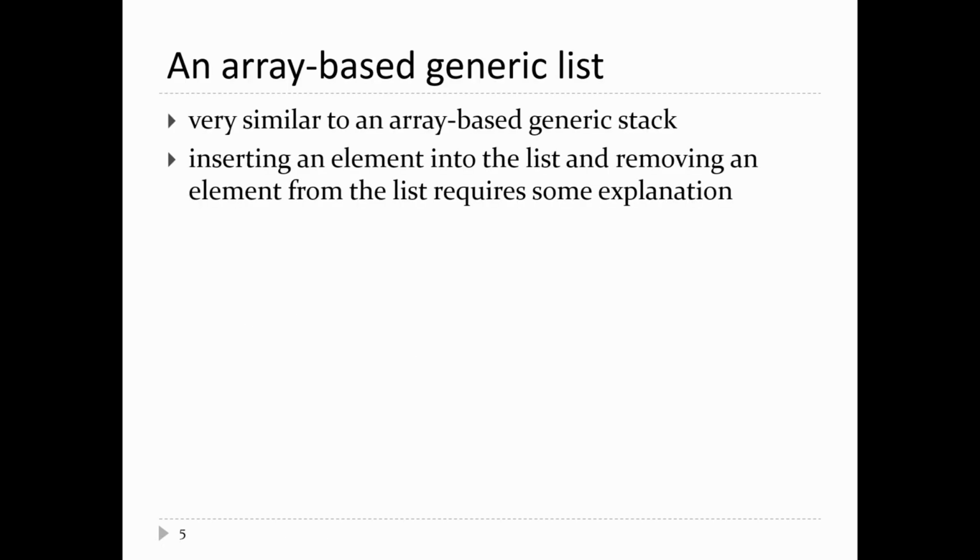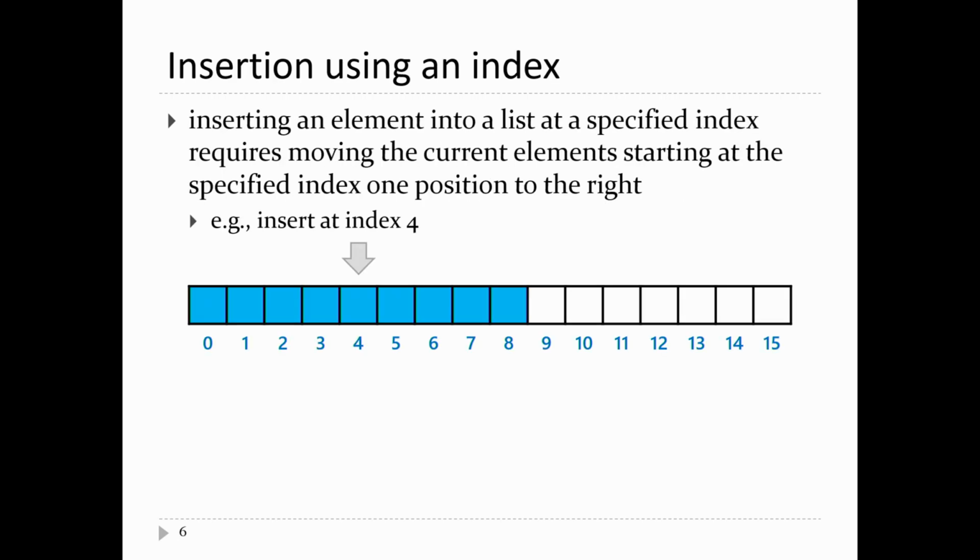All right, so an array-based generic list is almost identical to an array-based generic stack. The only thing that's different is inserting into the middle and removing from the middle of the list. If you want to insert into the middle of a list, when you insert, that doesn't overwrite the element that you're inserting at. So I want to insert an element at index 4 in the list.